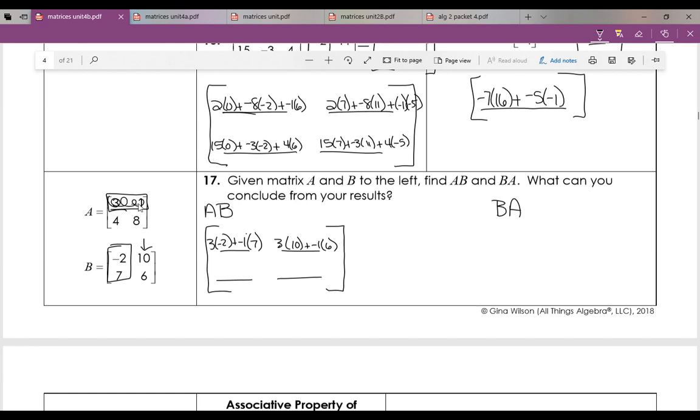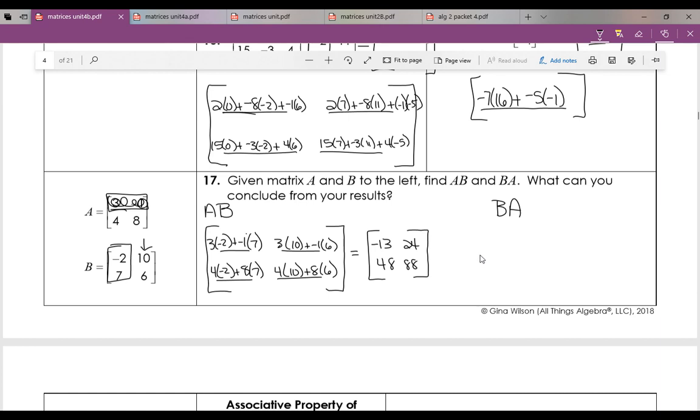So I'm done with my first row. Same thing with 4 and 8. So 4 times negative 2 plus 8 times 7, 4 times 10 plus 8 times 6. So I end up with negative 13, 24, 48, and 88.